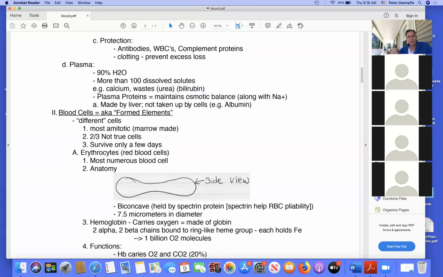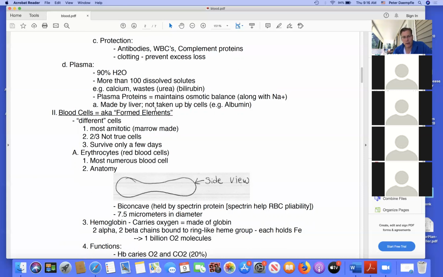So those types of dissolved solutes tell us through a blood test of how your general health is. So getting a complete blood count is a good idea every year to get an idea of your general health. And they do that in adult testing yearly.